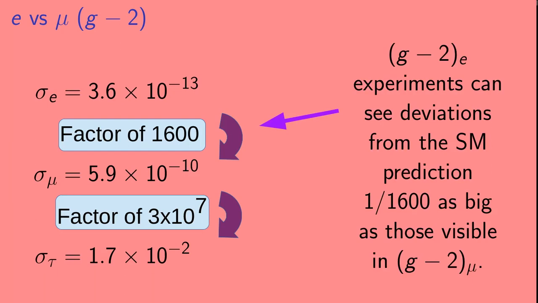This means that electron g-2 experiments are so precise that they can see deviations from the standard model prediction that are only 1/1600th the size of those that would be visible in muon g-2 experiments.